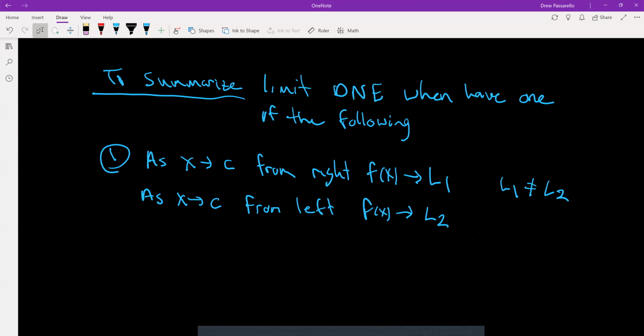All right, so the limit approaches 2 different values, L1 and L2.